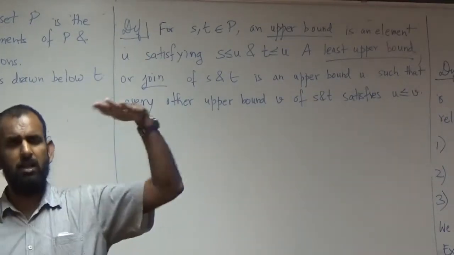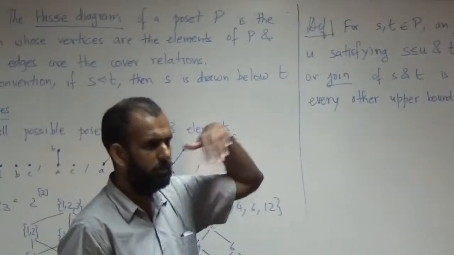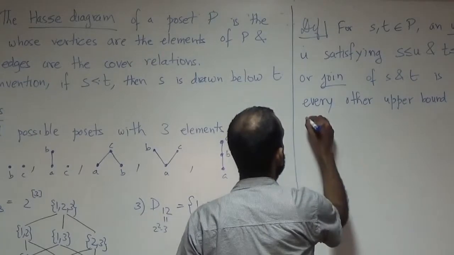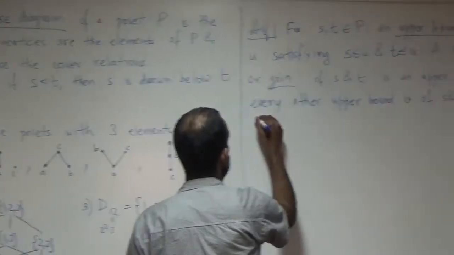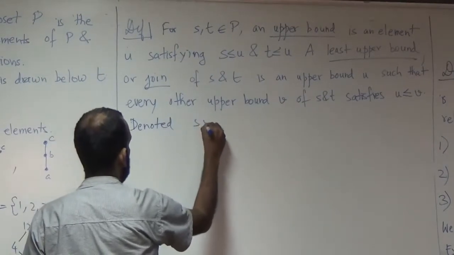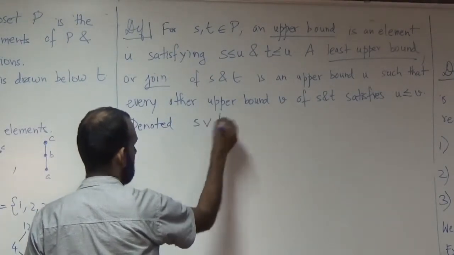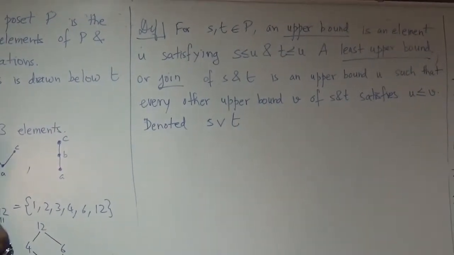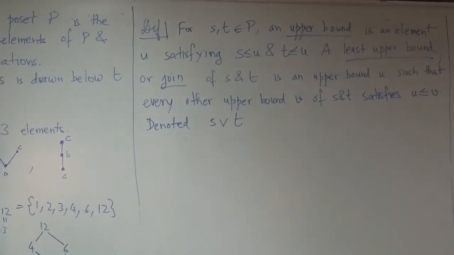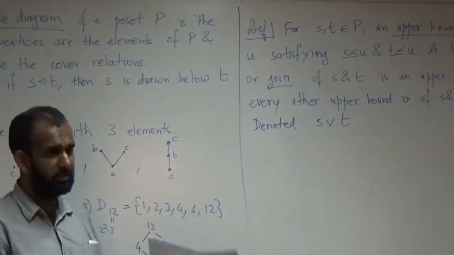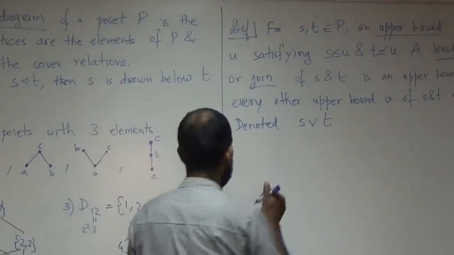So in other words, it's the smallest possible upper bound. This is known as the join, and it's denoted s ∨ t, and this is read as s join t. This is the least upper bound, if it exists. This need not exist, but if it exists, it's denoted as such.